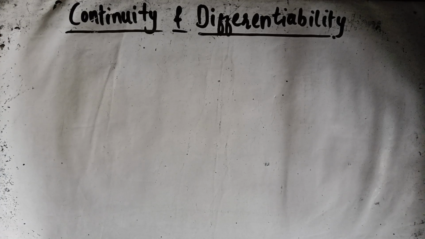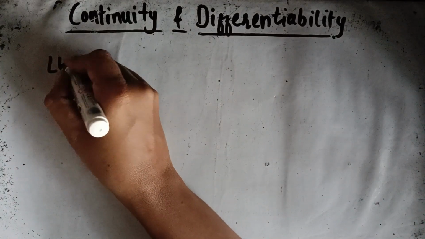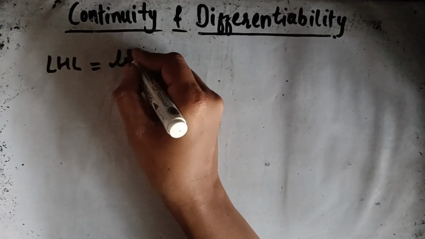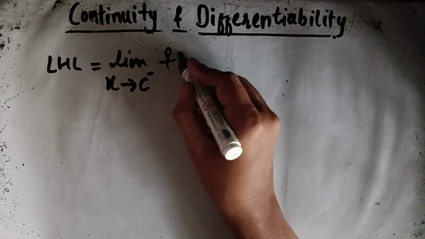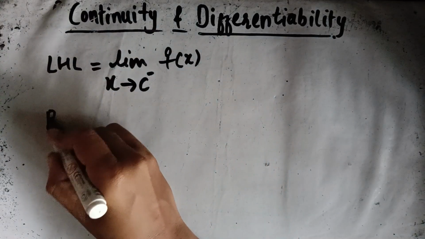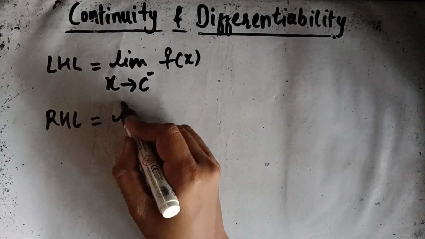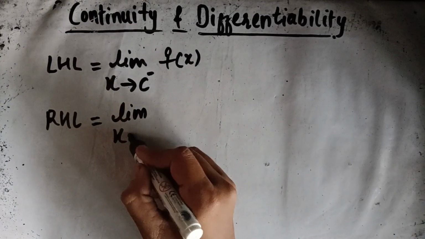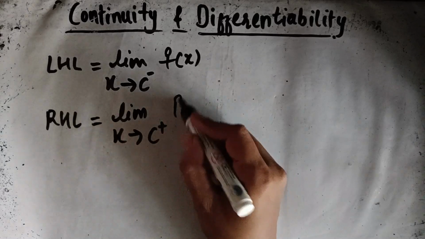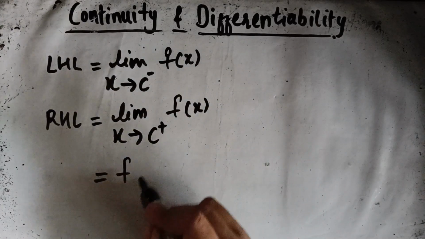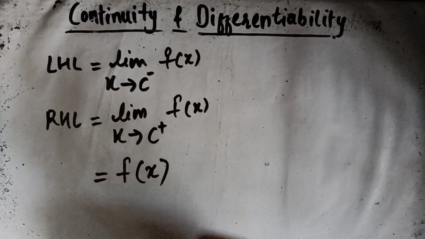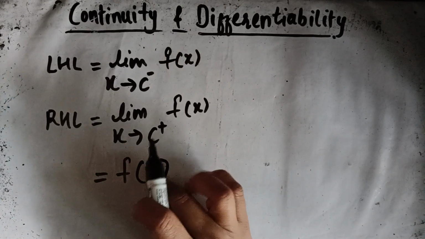The function is said to be continuous if the left hand limit as x tends to c minus and the right hand limit as x tends to c plus are equal to the value of the function at that point, that is f of c.